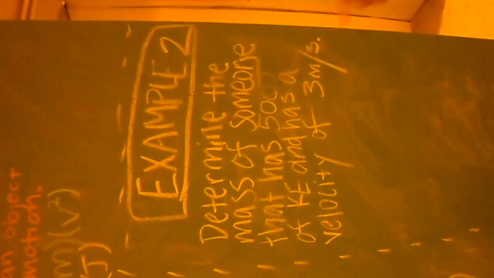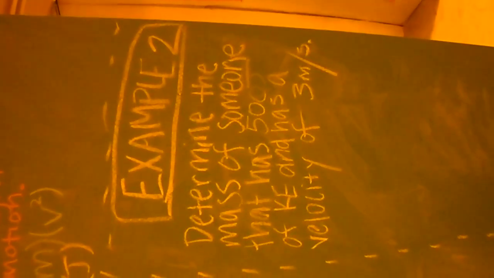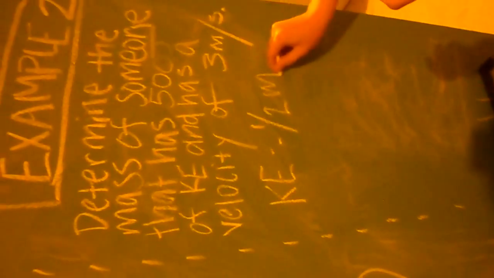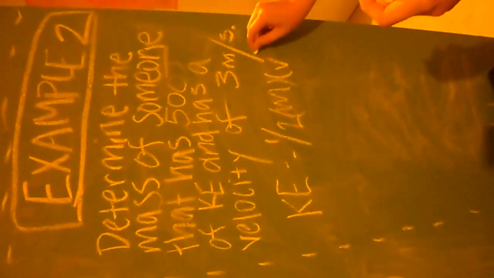And then for example number 2, determine the mass of someone that has 500 joules of kinetic energy and has a velocity of 3 meters per second. So we know that the kinetic energy is 1/2 mass velocity squared.